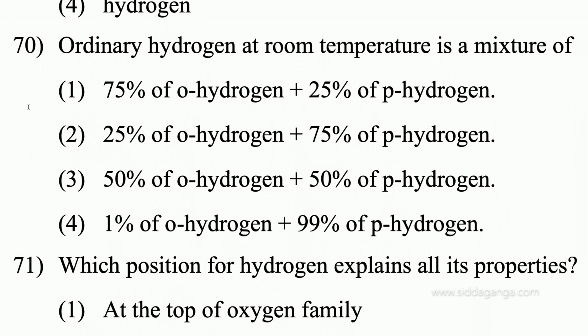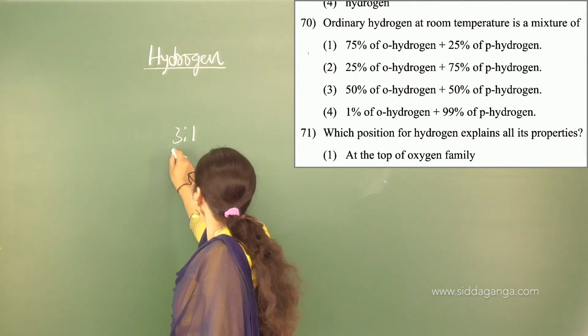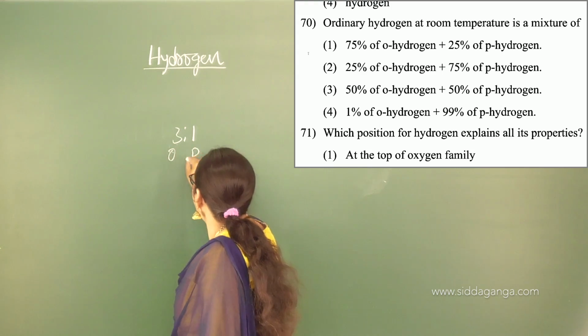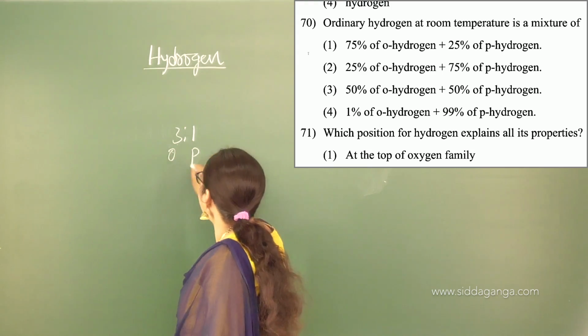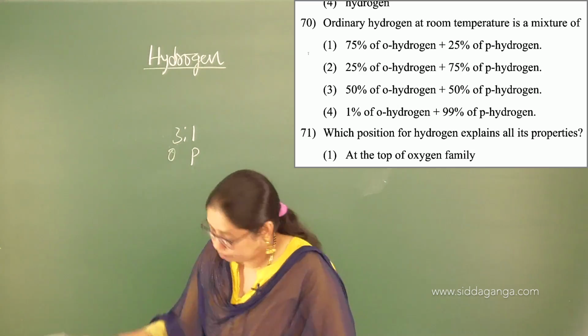This may be asked in terms of ratio also. At ordinary temperature, the ratio will be like that. Then you have to remember it is 3:1. 3 is ortho, and 1 is para. That is option number 1. Next.